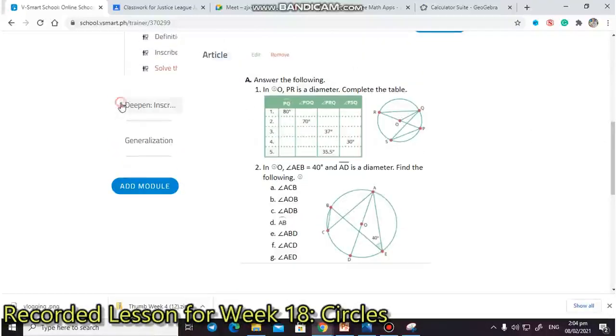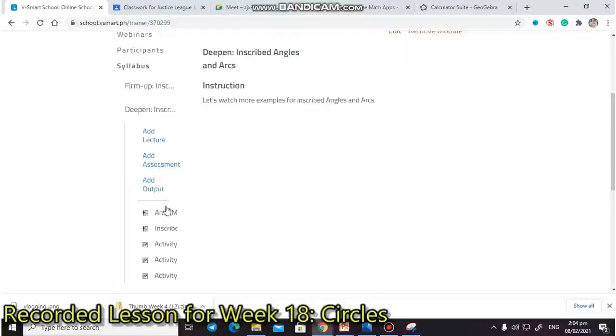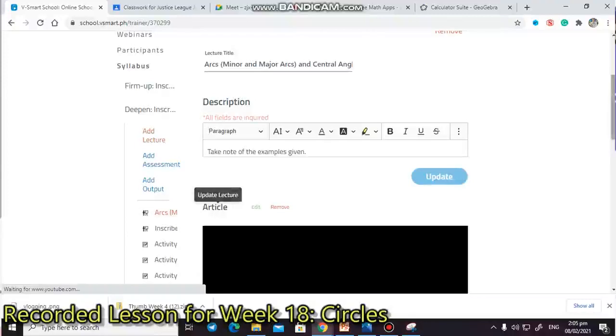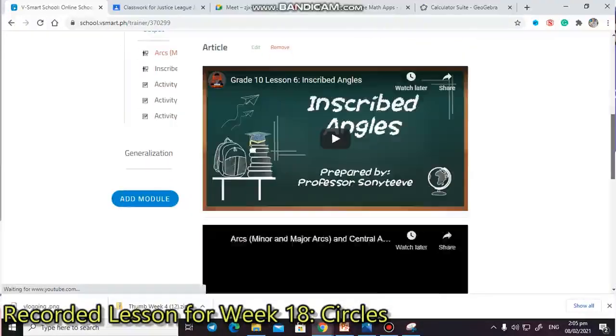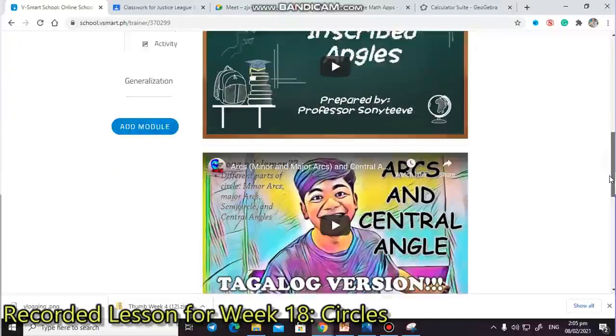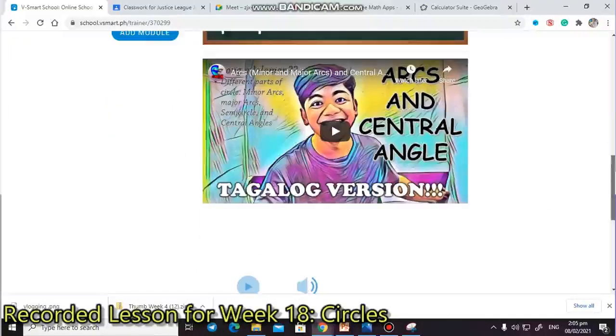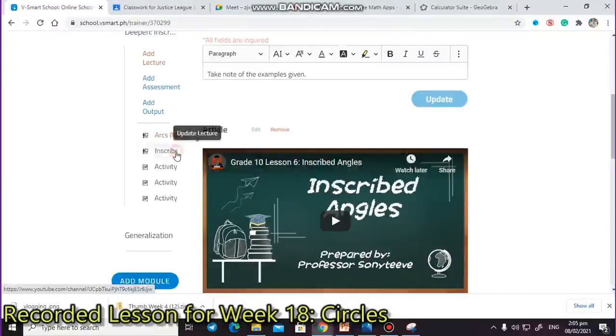Okay? For the deepened part, ayan, may mga examples pati. More examples, more learnings, more illustrations. May mga nilagay ako dito which is Filipino-based para hindi kayo mahirapan. Okay? Ito si Lodi. Grade 11 ata to. Ayan.